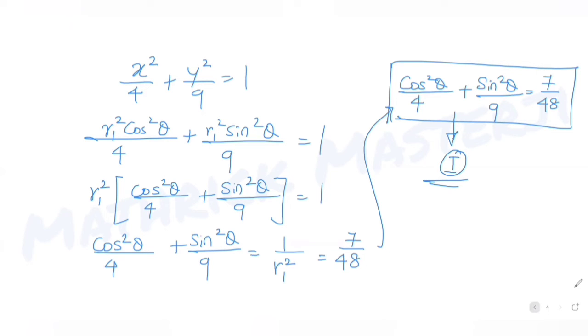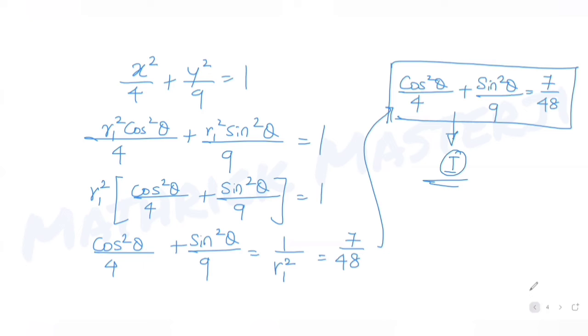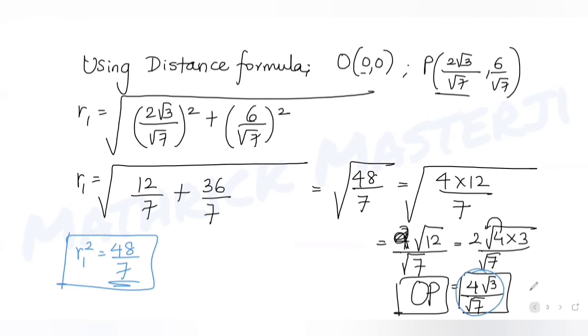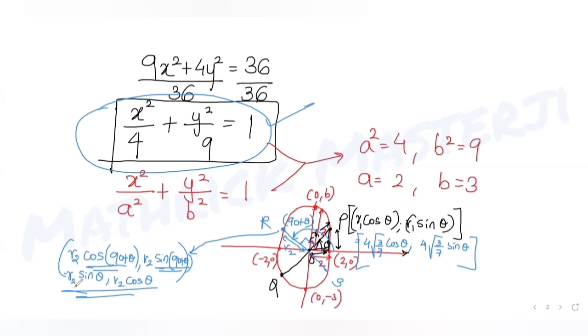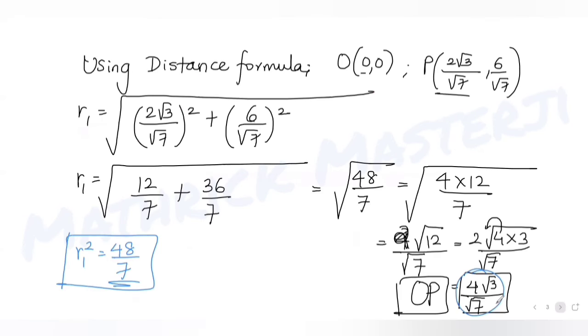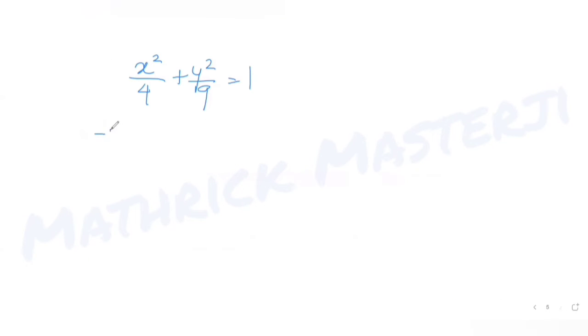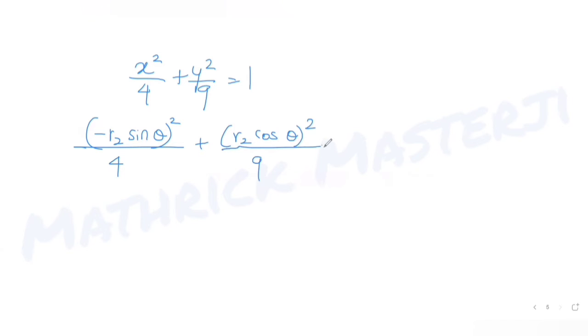Let's talk about the other one. I have the same equation for the ellipse, x square over 4 plus y square over 9 equals 1. Here, if I do that again, I have my x and y coordinates. X coordinate is minus R2 sine theta and y coordinate is R2 cos theta. So instead of x, I'll put minus R2 sine theta squared over 4, plus R2 cos theta squared over 9 equals 1.